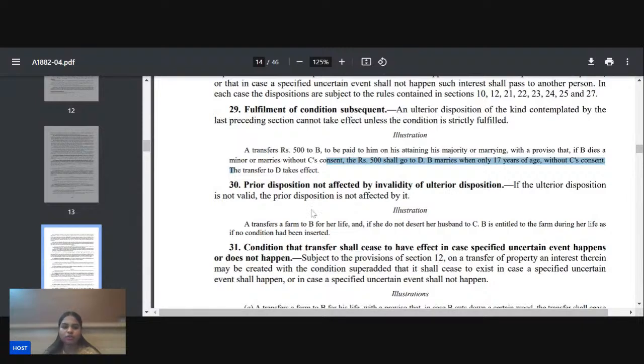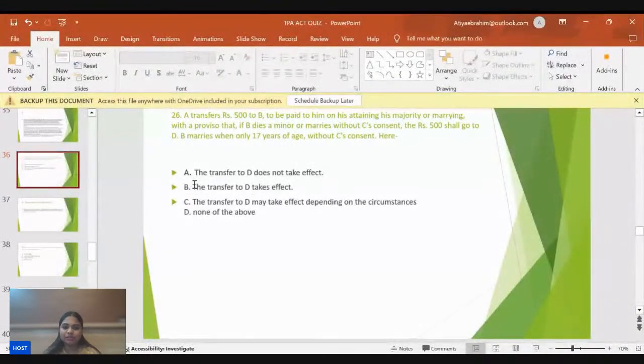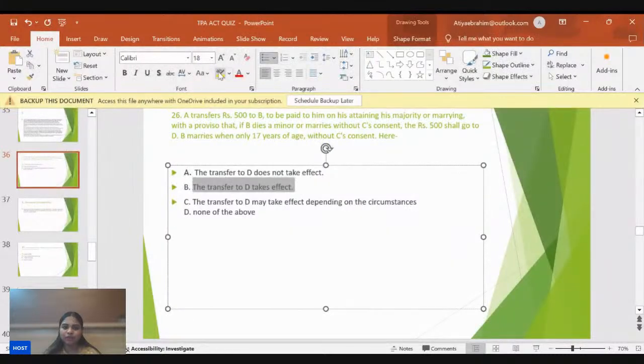I hope this question is answered to everyone. So the correct option to question number 26 is B. The transfer will take effect, right?